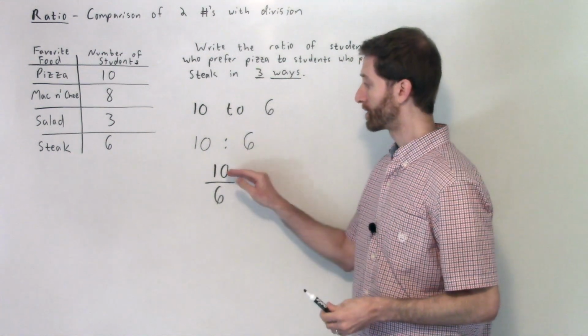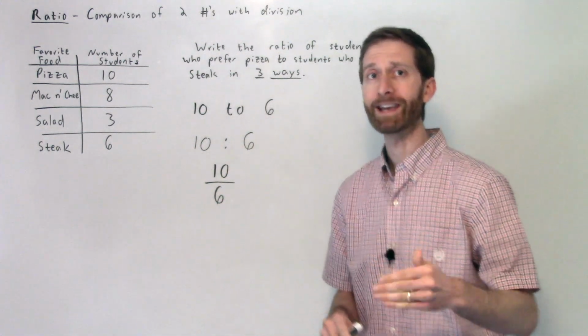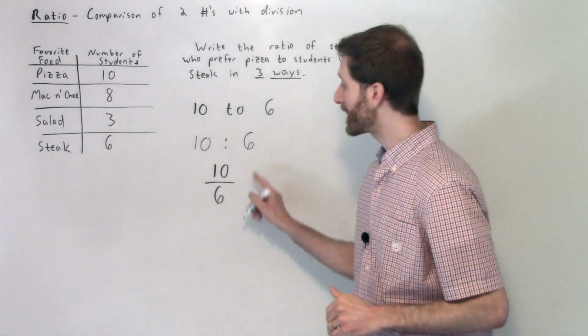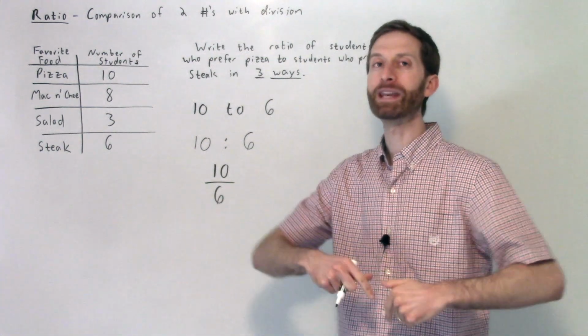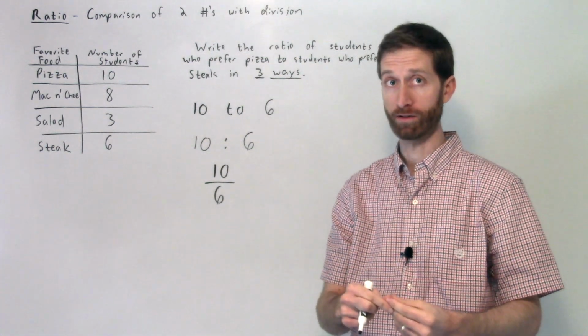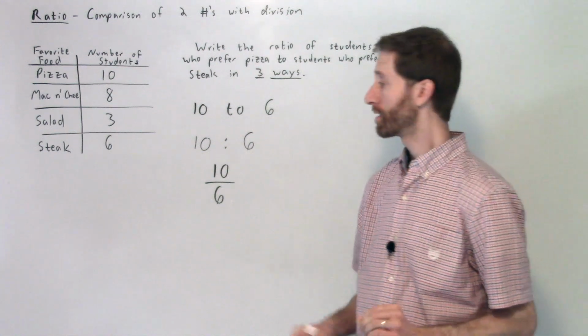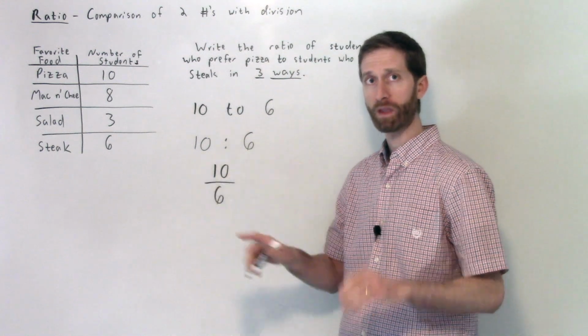You could have 10 of one pizza lover to 6 of another pizza lover. But the point is, it's 10 to 6. Now, what does that mean? That means that in total, there are 16 parts that have been asked the question. Right? That is very important. So I'm just going to leave that out there, that there's a total of 16 people involved in this survey.